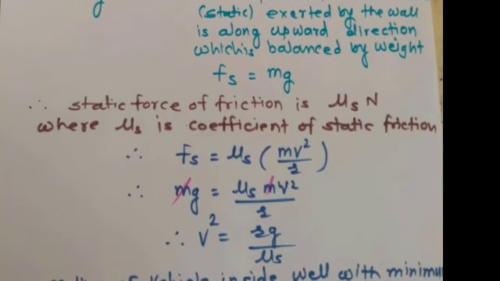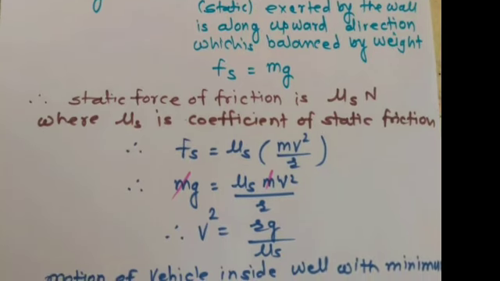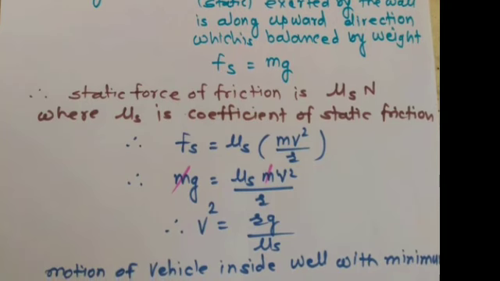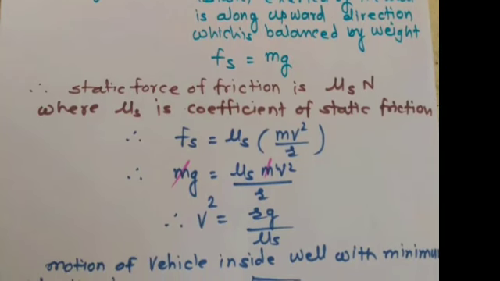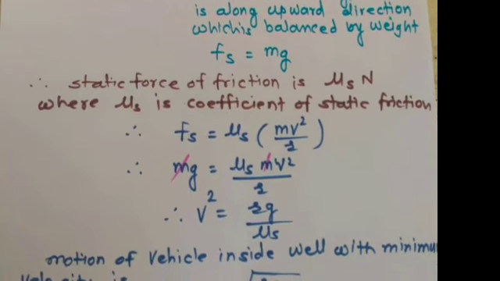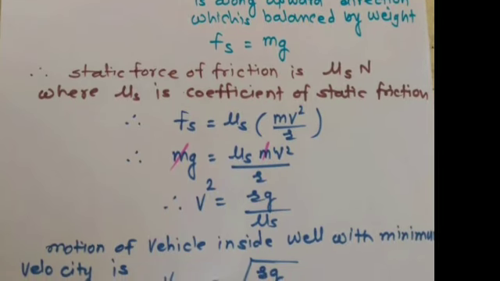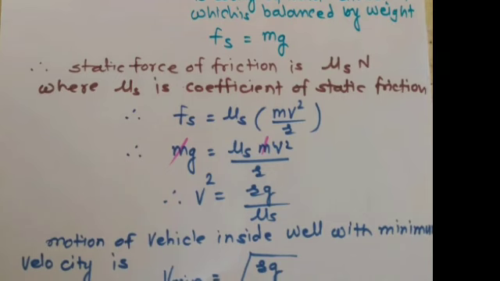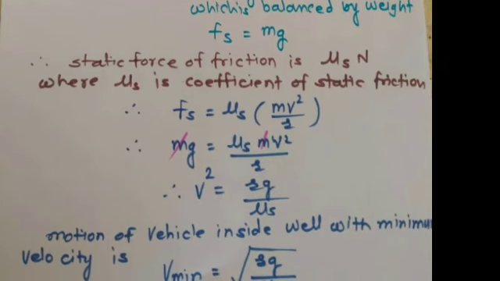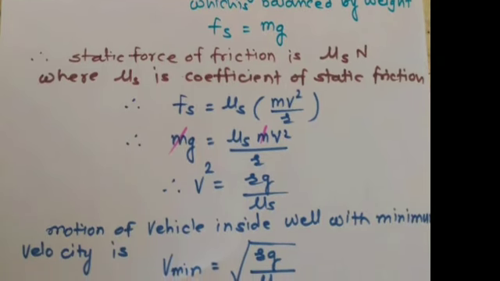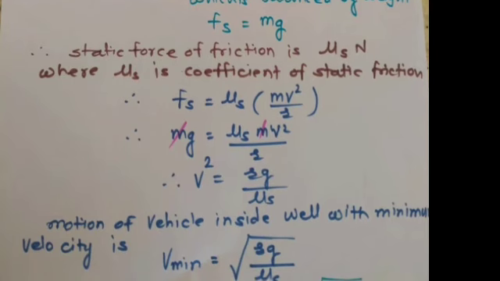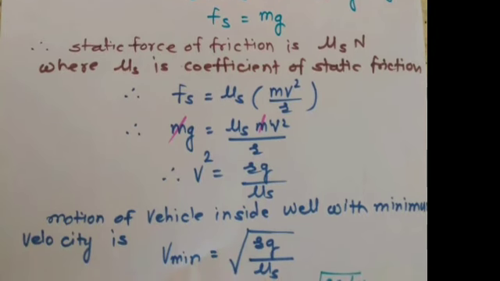Therefore, v square is equal to r g upon mu s. The motion of vehicle inside the well with minimum velocity is given by taking square root. So, v minimum is equal to square root of r into g upon mu s.